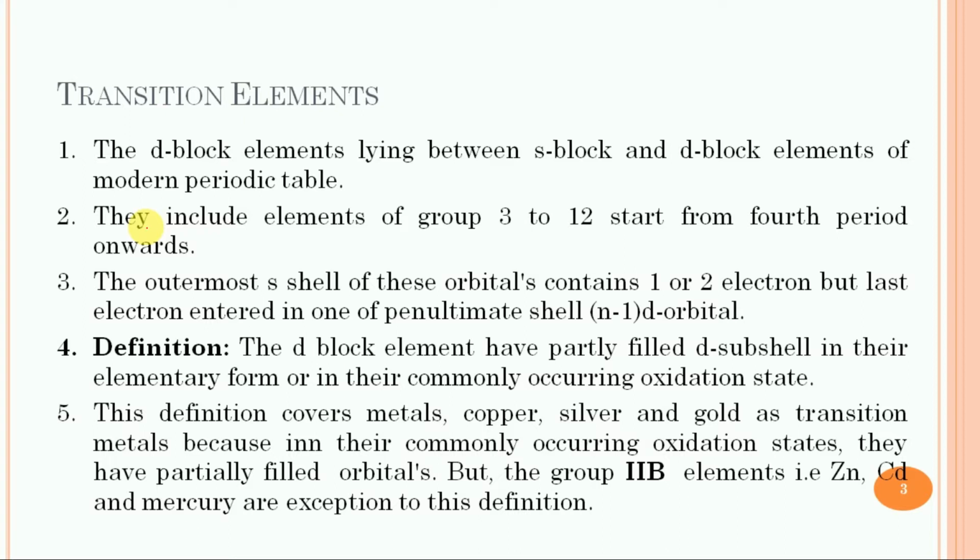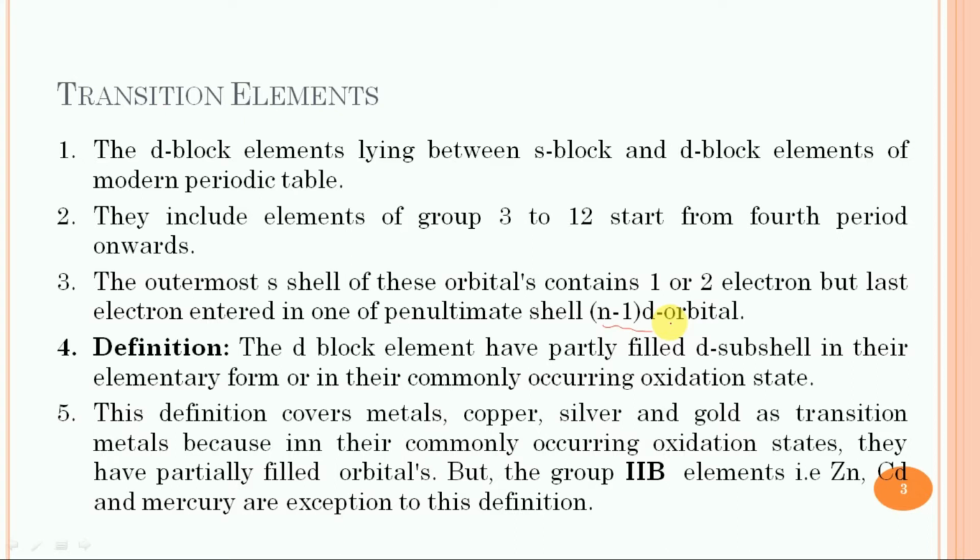The outermost s shell of this orbital contains 1 or 2 electrons, but the last electron will enter one of the penultimate shell, that is (n-1) d orbitals. Therefore, these elements are also called d block elements.